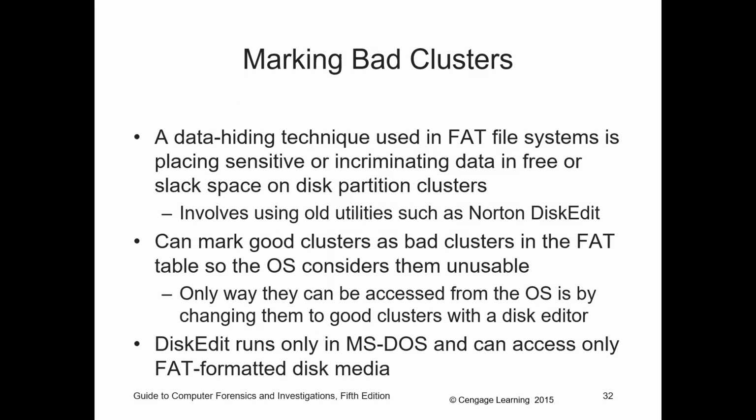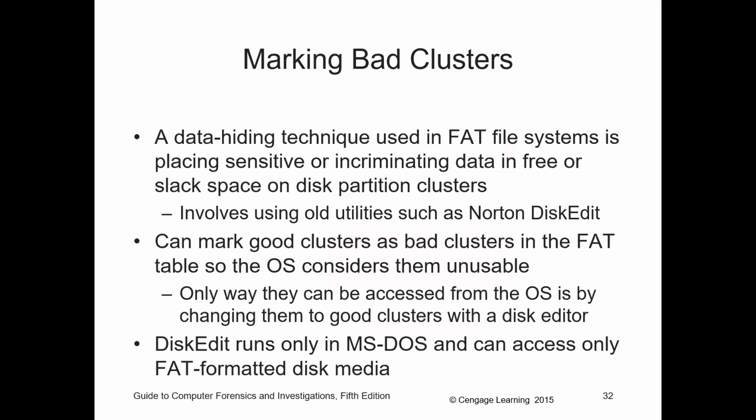A data hiding technique used usually in FAT file systems is placing incriminating data in free or slack space. Slack space is that empty space on a disk partition cluster. It involves using some old utilities such as Norton Disk Edit.